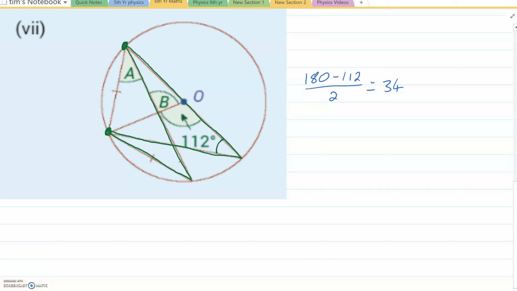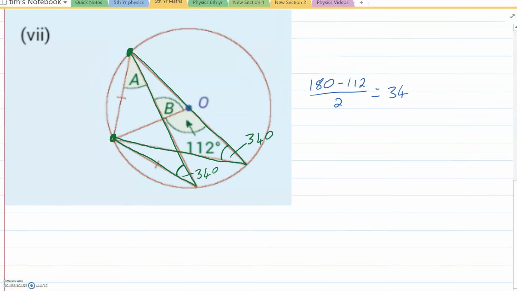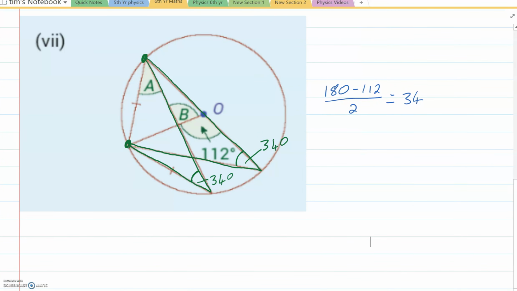So this angle here and this angle here are going to be identical. Now we just worked that out at 34 degrees, so therefore this is 34 degrees. That is always worth looking out for. That pattern. It's hard to spot when it's mixed up in a complicated pattern like this.